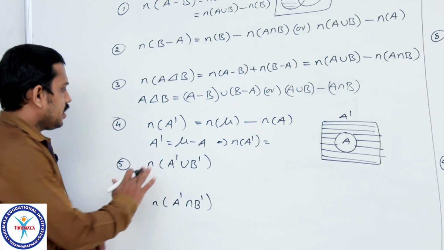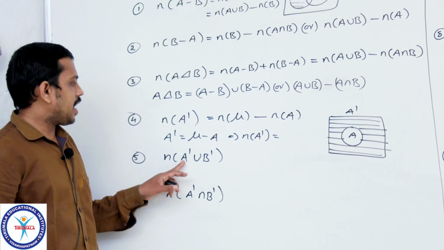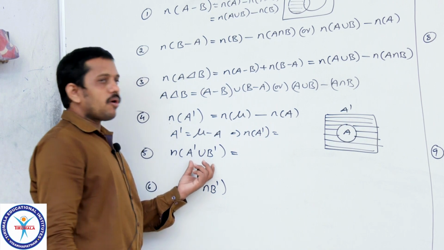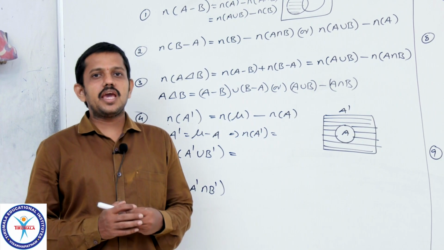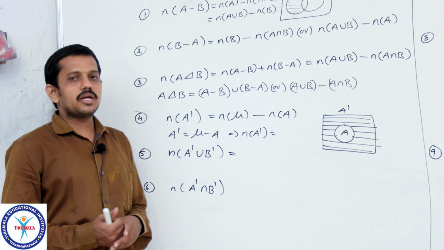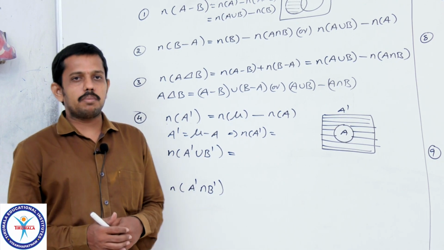Now, what is the number of elements in A complement union B complement? By De Morgan's laws, we know that A complement union B complement is nothing but A intersection B whole complement.